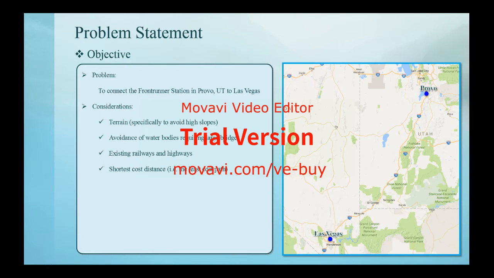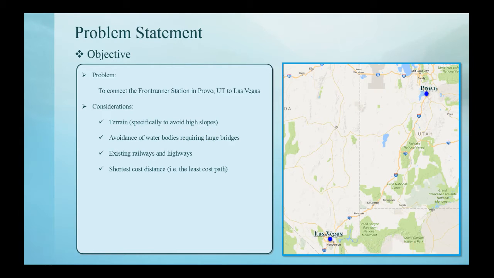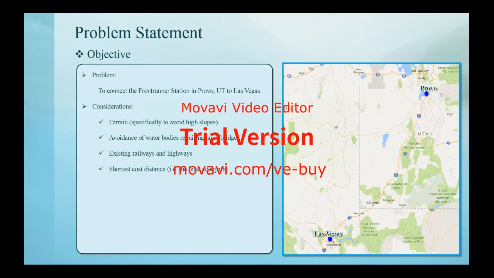First is terrain, especially to avoid high slopes. The normal slope allowable for the railroad is 2% and the maximum is about 4%. So we have to consider the slope of the railroad way.